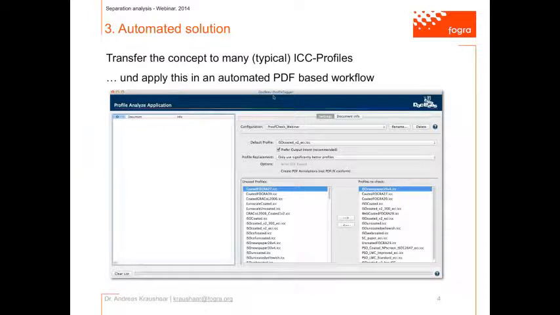So in the so-called DocBees color profile tagger, you can add a PDF and check for different profiles, and then it gives you a percentage of how likely it is that the picture in the PDF was actually separated with a profile in that pool of profiles. And even better, it can give you a PDF with tagged profiles which are very likely to be the ones that your creator has used.